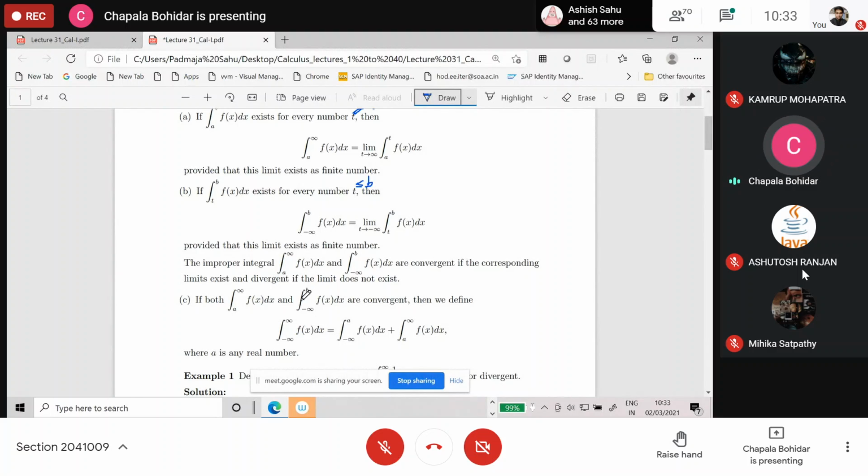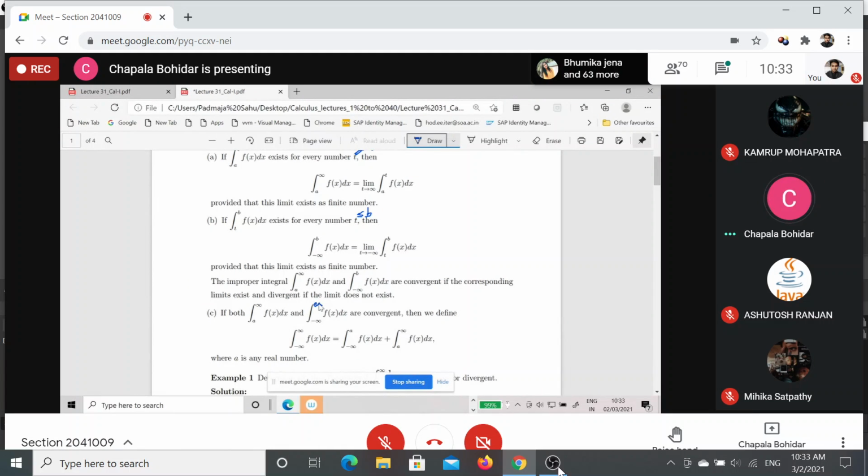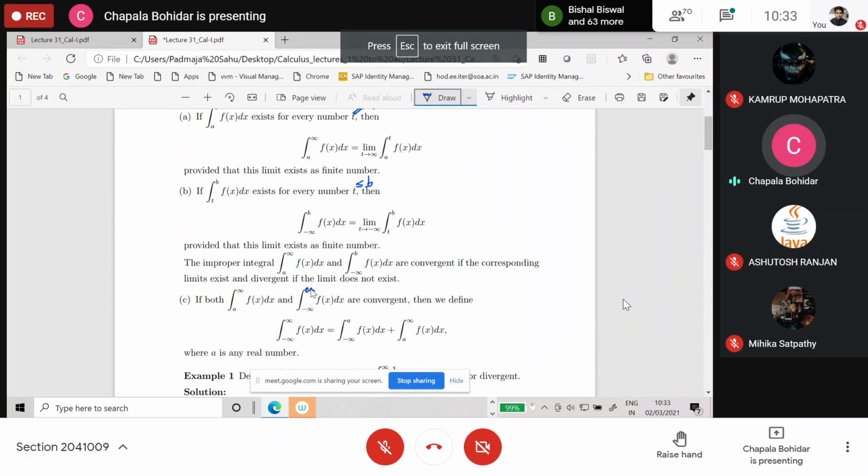Here you write it as a, because a is written on both. It is not b, it is a, where a is any real number.